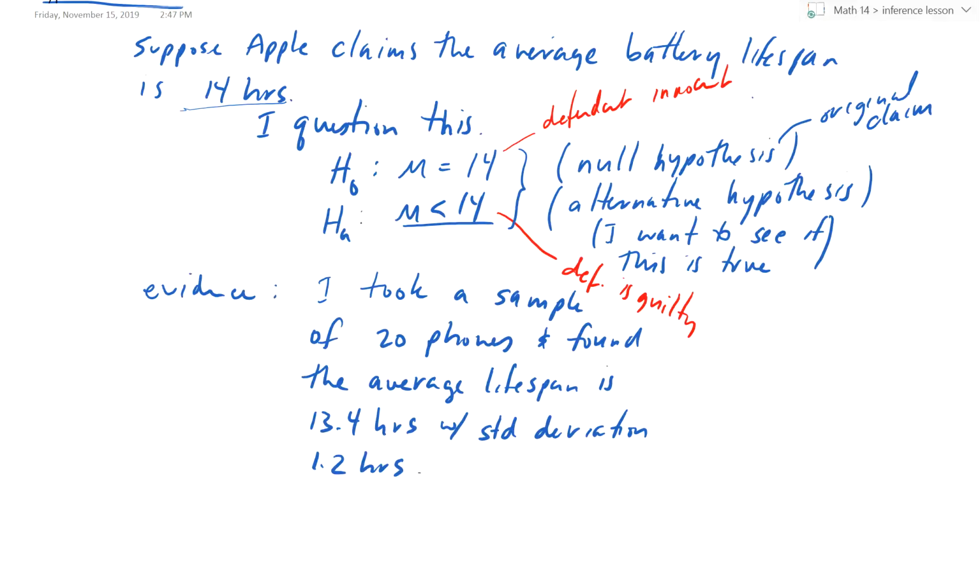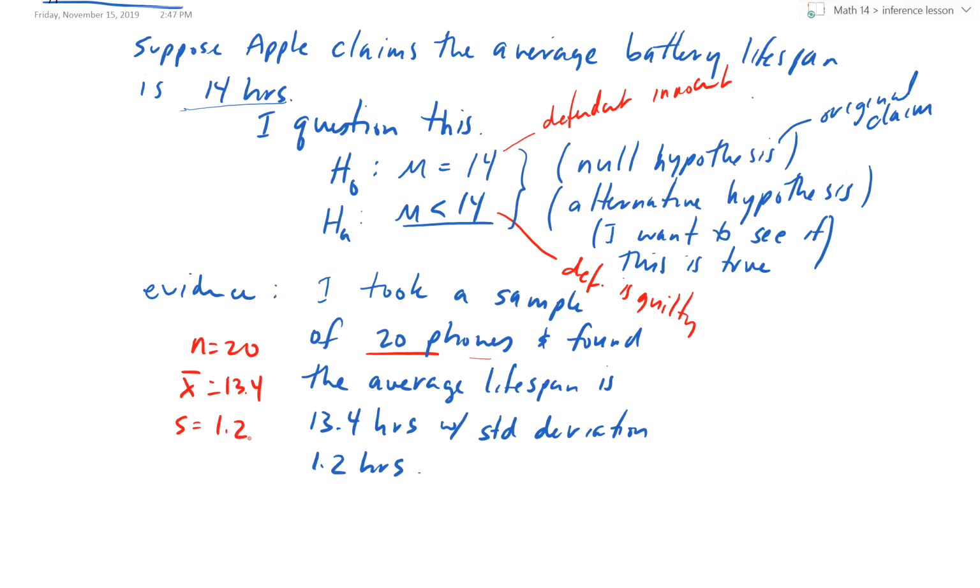So I've got a sample of 20 phones. N is 20, the average lifespan of my sample is 13.4, and the standard deviation is 1.2.